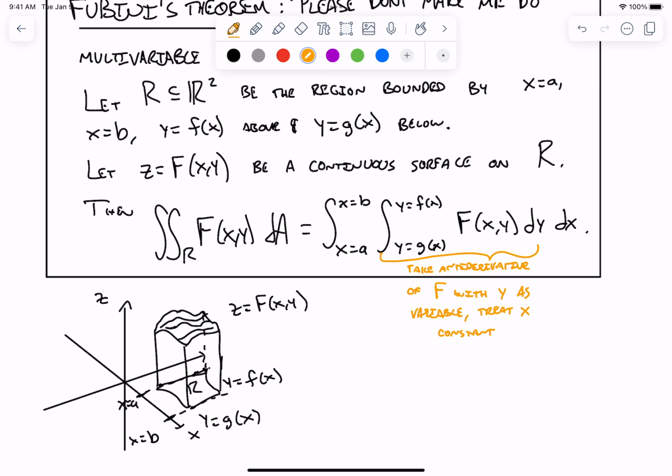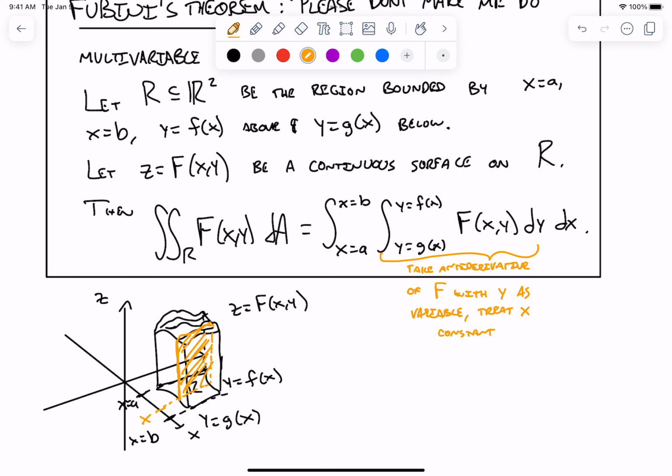And so what's the mindset there? You imagine that you fix some particular x in this interval, and at that x coordinate, you're calculating an area. You have this kind of 2D slice of that 3D solid, and that's what that integral is going to represent.